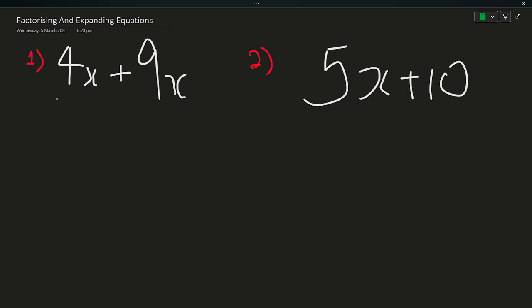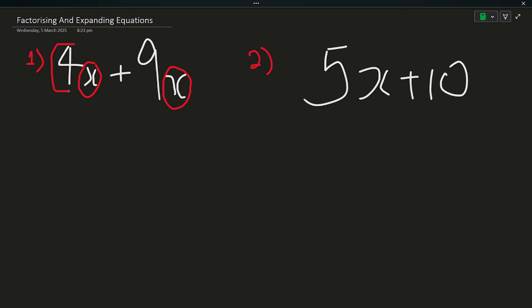So let's go. As we can see, there are like terms here, very common ones, x and x. So we can already use that to factorize, because x and x are the same terms. We don't need to look any further onto that. So going on, let's look at the coefficients, which are 4 and 9.